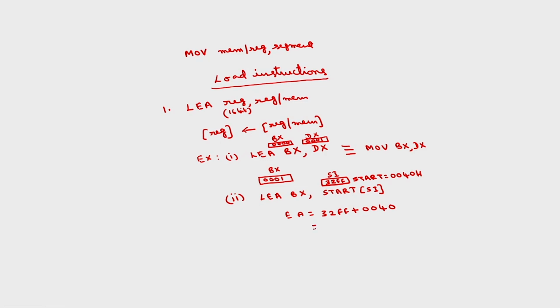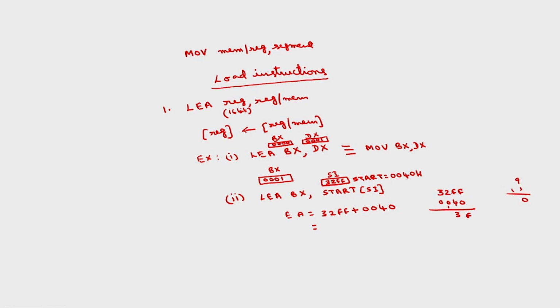So, what will be this? 32FF plus 0040. F plus 1 is 10, F plus 2 is 11, F plus 3 is 12, F plus 4 is 13. Like in case of decimal, 9 plus 1 will be 10, 9 plus 2 will be 11, like that.